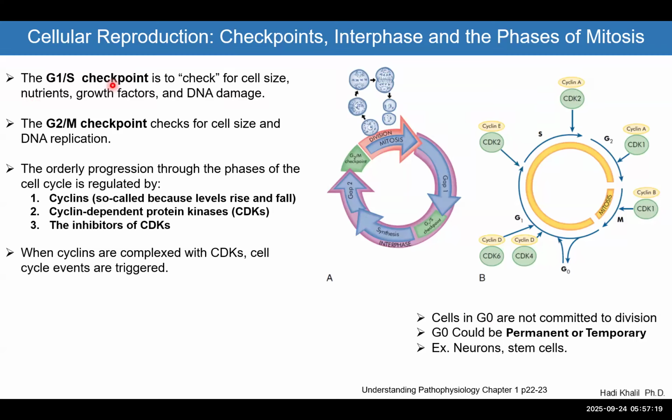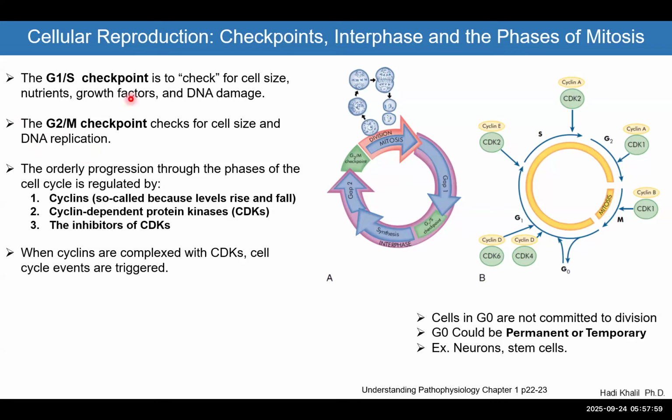The G1/S checkpoint, and in this checkpoint, we look at cell size, if it's correct, if it has enough nutrients, if it has the growth factors, in other words, whether it has enough energy, and if the DNA has been segregated correctly. And in the G2 checkpoint, we will also check those again, the cell size and the DNA replication mostly. Because at the G2, you can't proceed if there are any DNA replication issues.